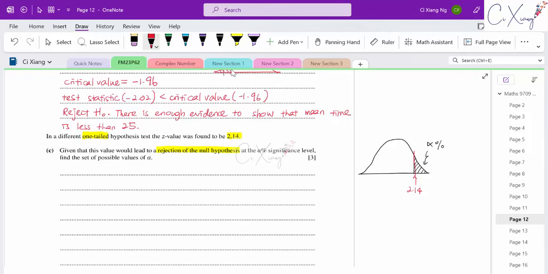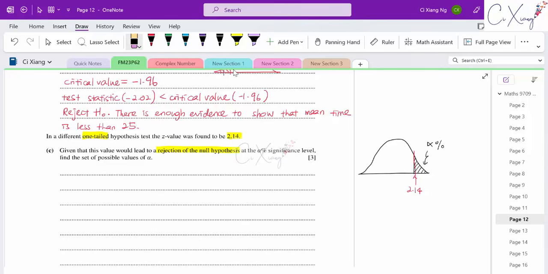Of course the area can be bigger, can be larger, right? But we assume that it is the borderline of the rejection and acceptance region. And by using this 2.14 value, I want to find out the value for alpha.